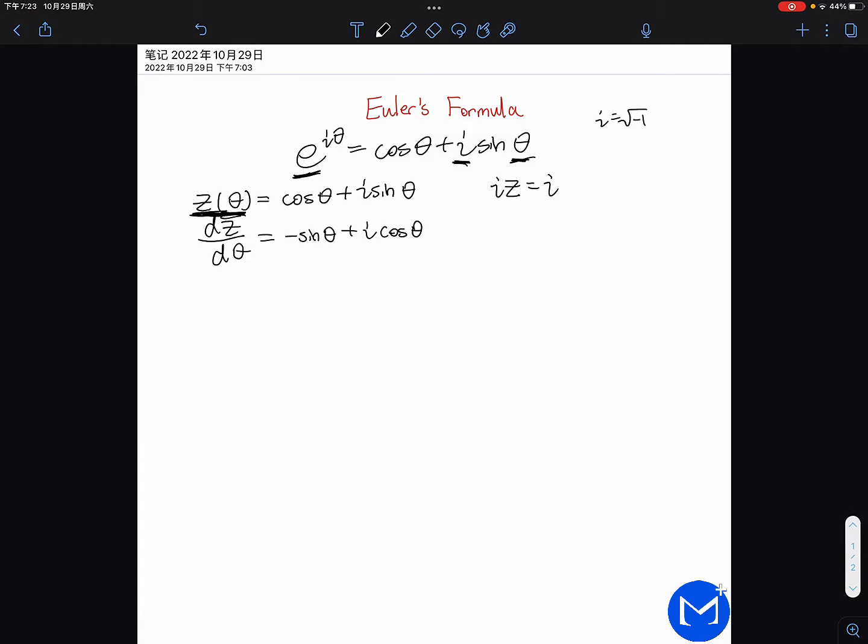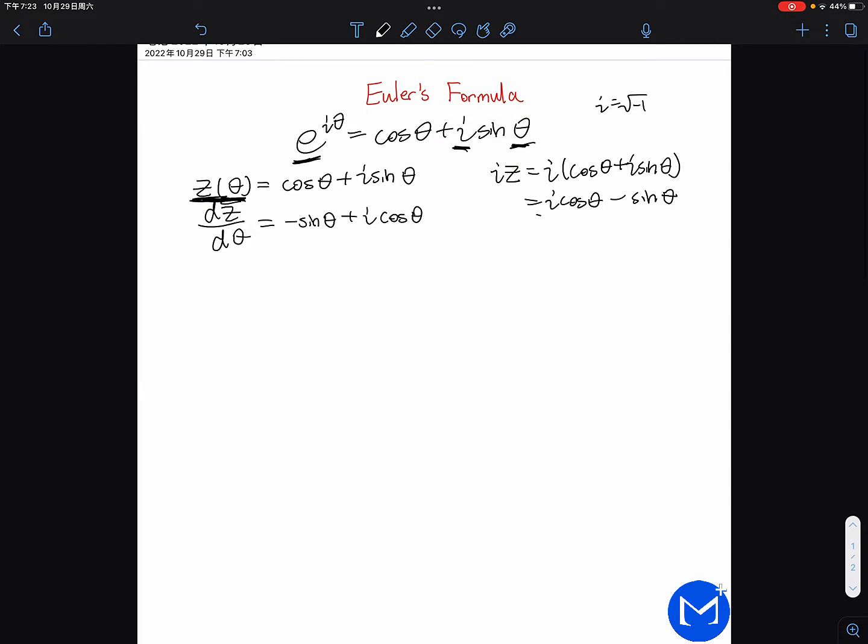Well, i times z, what is that? That is i times cosine theta plus i sine theta. And if you were to expand it, it would be i times cosine theta minus sine theta, correct? Because i squared, i times i, is negative 1.